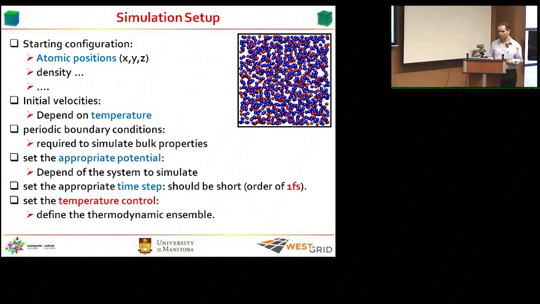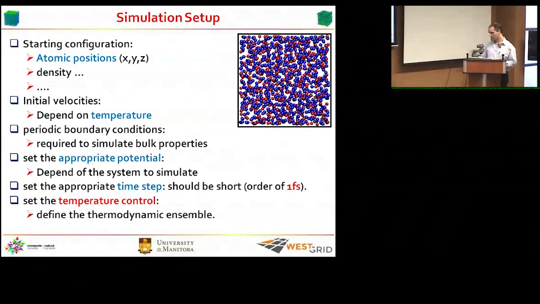We need also periodic boundary conditions. Periodic boundary conditions are used to replicate. So we do simulation using a small simulation box. But what happens, for example, if an atom goes to the border?